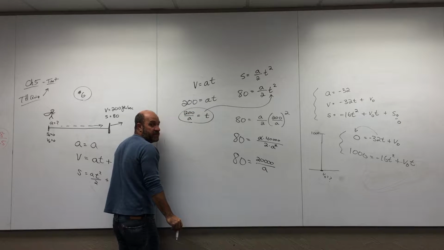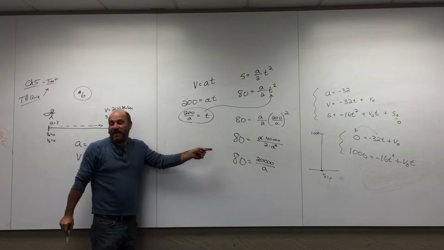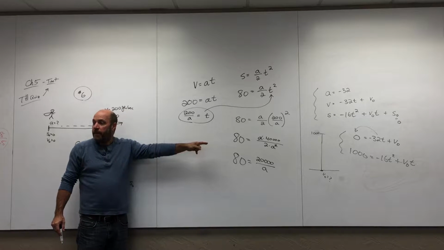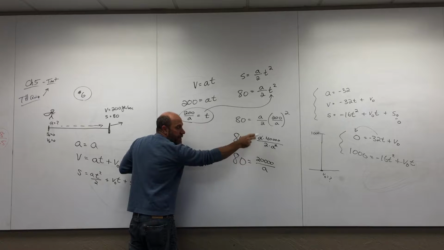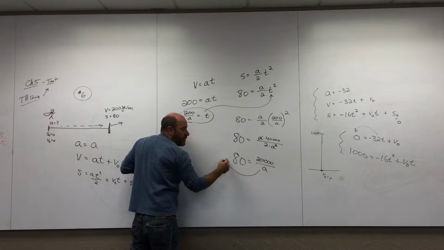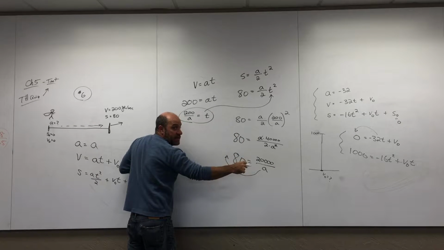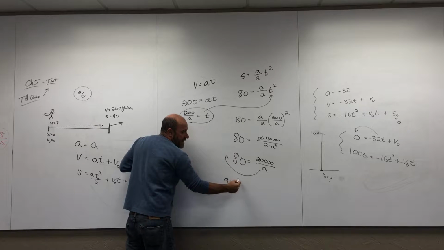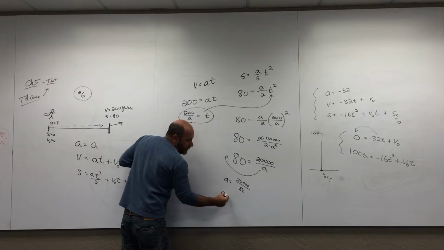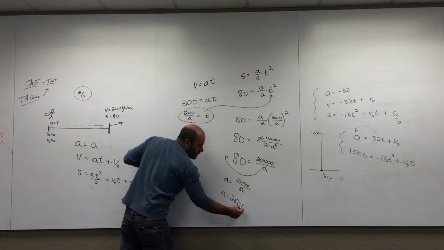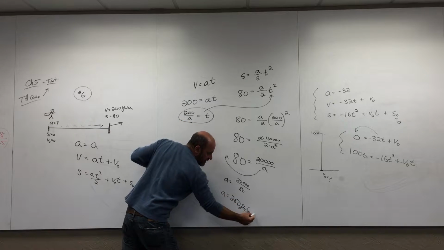You following me? I'm doing algebra. I like algebra. I do it pretty well. So I'm showing you how to do it. And then I would multiply by a and divide by 80. So a would be that 20,000 divided by 80. It's 250. Is that the answer?